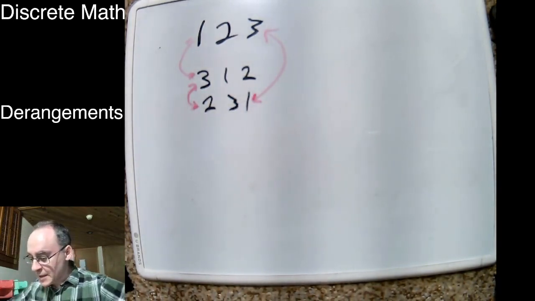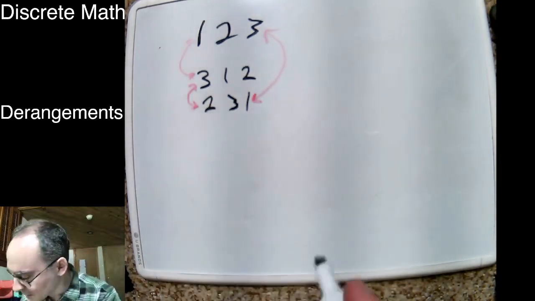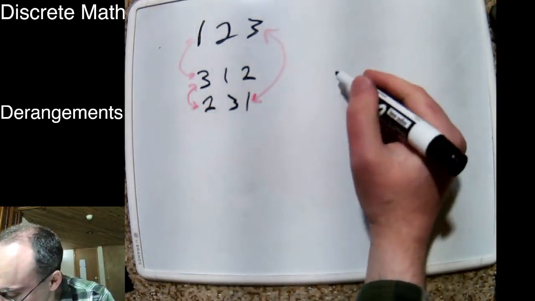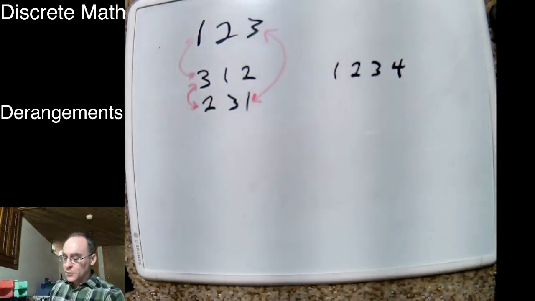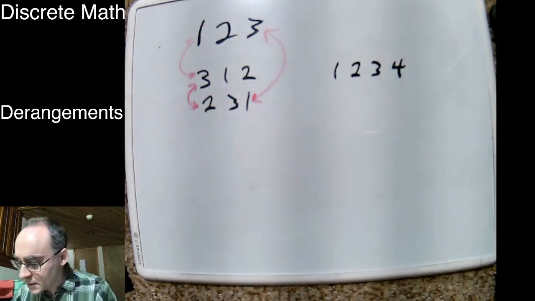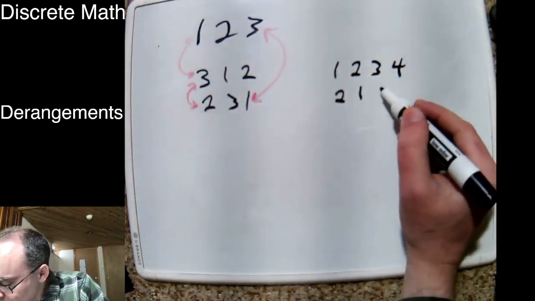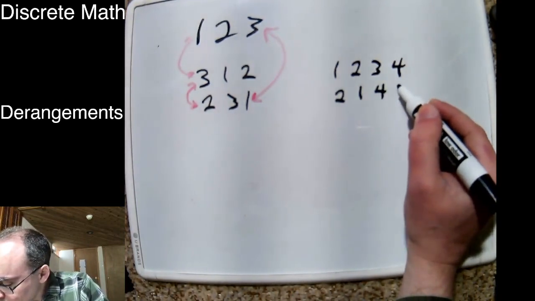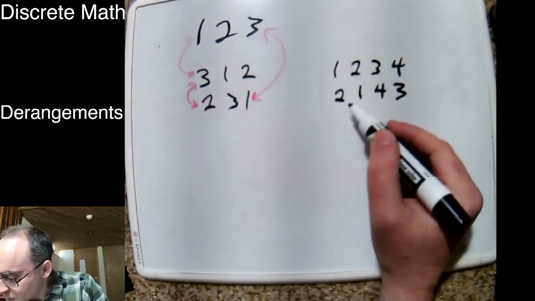In this case, we have sort of a set of things that are all mutually deranged. I don't know if there's a better term for that, but that's my term and I'm going to stick with it. But if we go to 4 objects, does this still hold true? Are all derangements going to also be mutual derangements? And I think we can see that they will not. Remember we had several derangements that all started with 2.